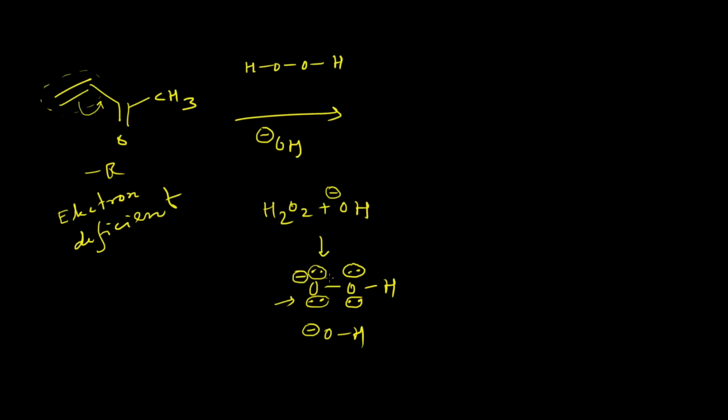This makes the overall peroxide anion more nucleophilic than the OH-. This effect, this lone pair repulsion, which increases the nucleophilicity for certain anions or compounds, is called the alpha effect.